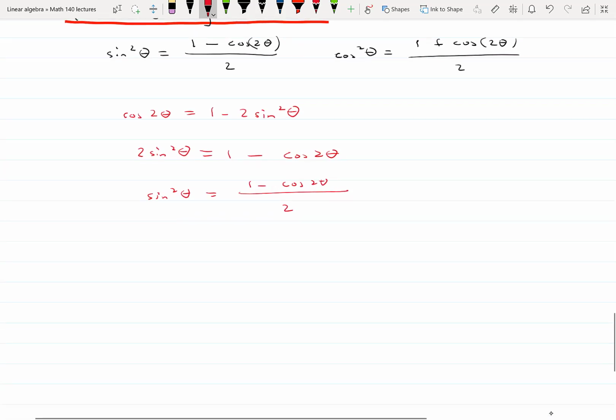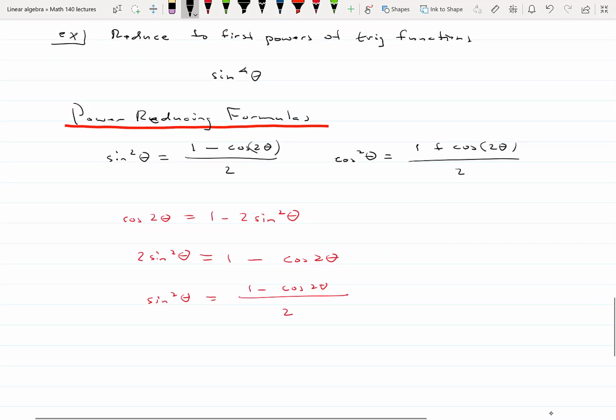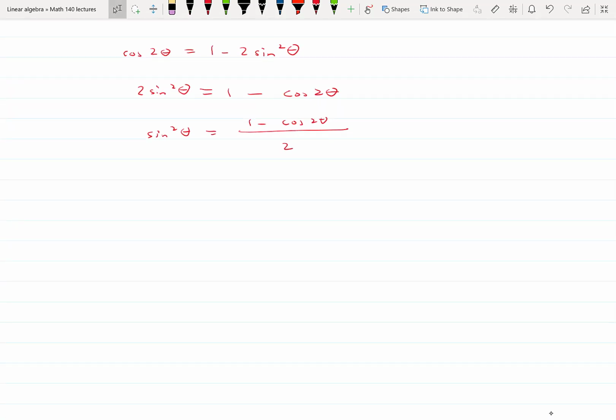Okay, and they're very easily retrievable if you forget them. Okay, so let's do this. I want to take sine to the 4th theta and reduce it to first powers. Well, I don't have a formula for sine 4th, but I certainly have one for sine squared.